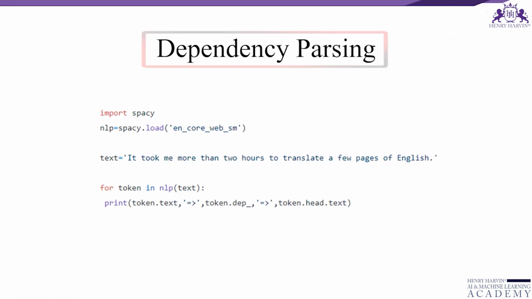Notice that if I give the word took here, it has a dependency tag of root. This tag is assigned to the word that acts as the head of many words in a sentence but is not a child of any other word. Generally, it is the main verb of the sentence, similar to took in this case.